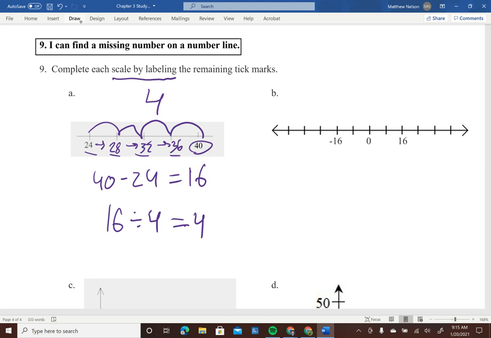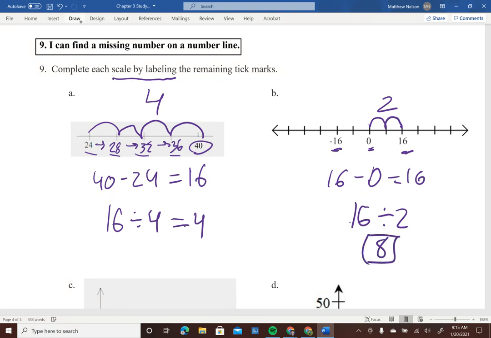This next one here, I'm going to look at what's the difference between negative 16 and 0. Or I can look at the difference between 16 and 0. 16 minus 0 equals 16. There's 1, 2 spaces between 0 and 16. So I'm going to do 16 divided by 2 to figure out how much each tick mark goes up by. That gives me 8.